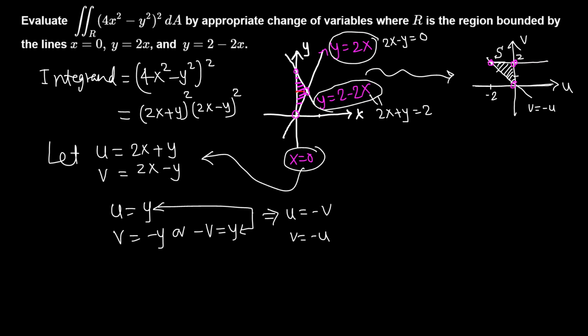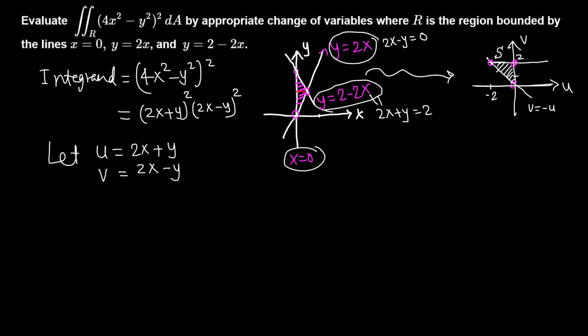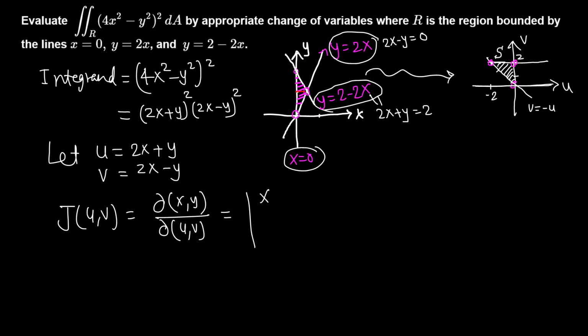Okay, so next we need to find the Jacobian, that is the partial of xy with respect to uv. That means finding the partial derivatives of x and y with respect to u and v. Now it's not given, so we need to do a little work.